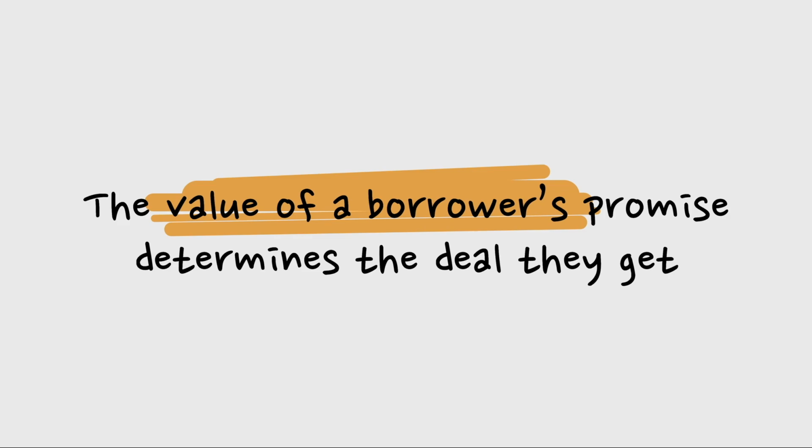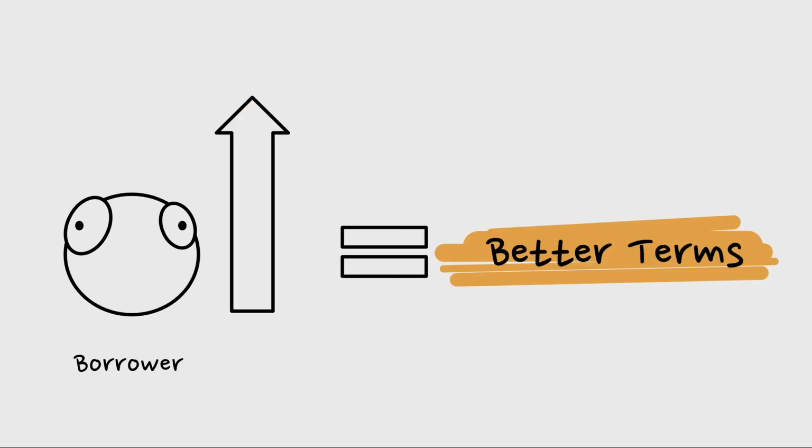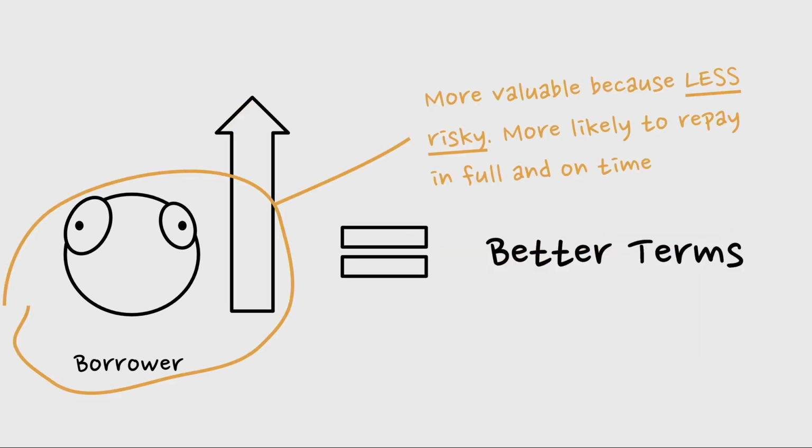Meaning if their promise is worth more, they're going to get a better deal. If we're looking at Bob here and we say he's a high value borrower, then he's going to get better terms. The more valuable he is means the less risky. What makes him valuable is he's less risky, right?